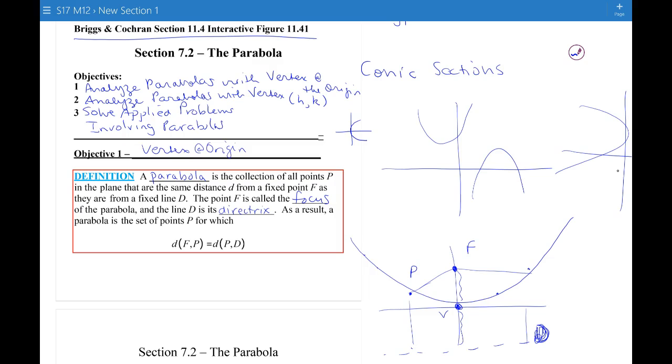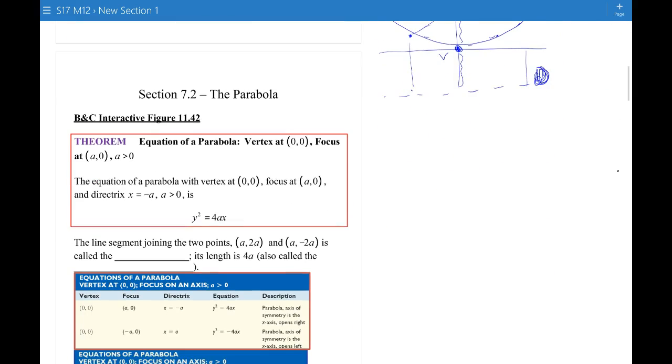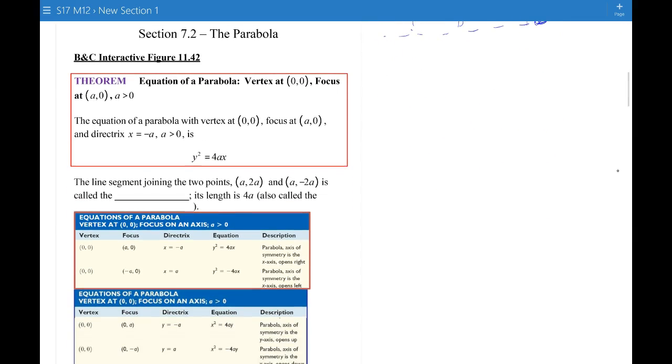When we get so many of them that they get so close together we can't see the space in between, we indicate that by drawing it with a solid line. But keep remembering that yes, it is a shape and we draw it as a line, but it is a collection of points. These are individual points. I have another interactive figure to show you in class that demonstrates this really well.